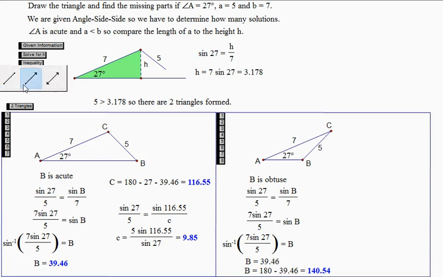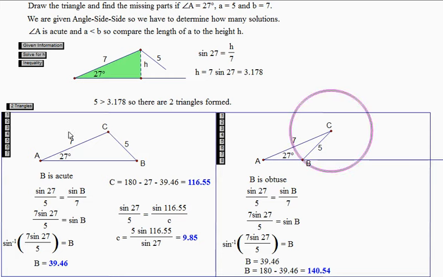The reason that's true, if we go ahead and extend this side here, this would be our original side A. This was 5. Well, that's our first triangle that's formed there, which we see over here. If we swing this over and we put 5 here, we want to know what this angle is right here.